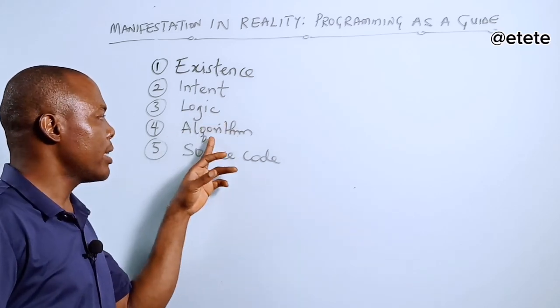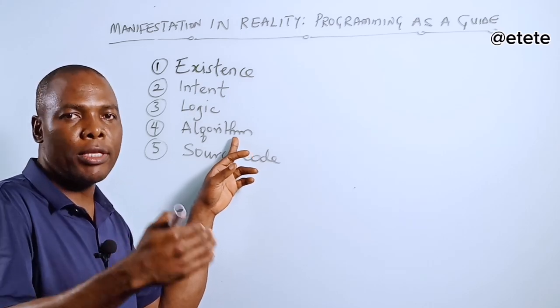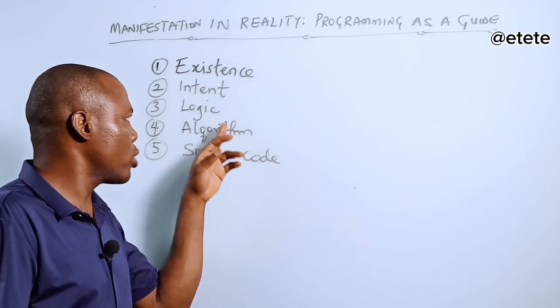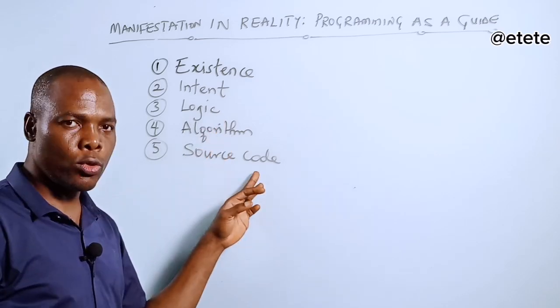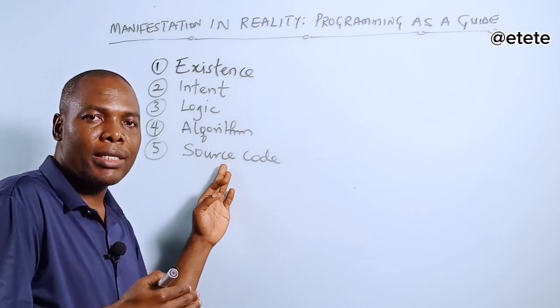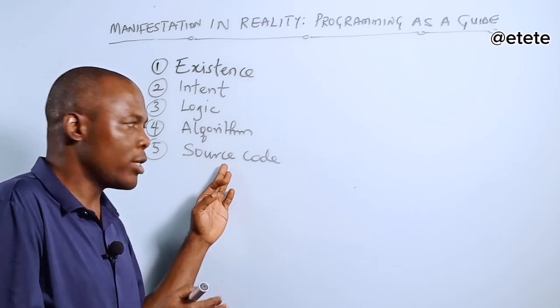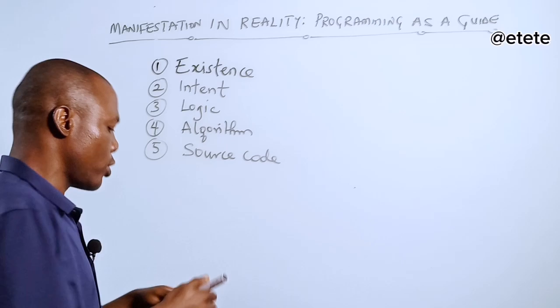Now, algorithm are the step-by-step instructions to implement logic and intent. Then you have the source code. The source code is a written implementation of algorithm and logic. That is what the source code is.